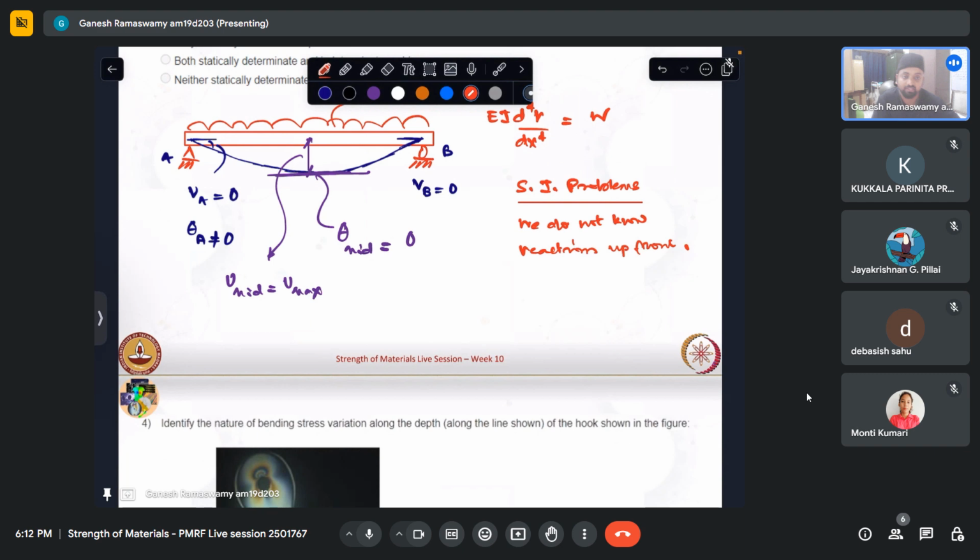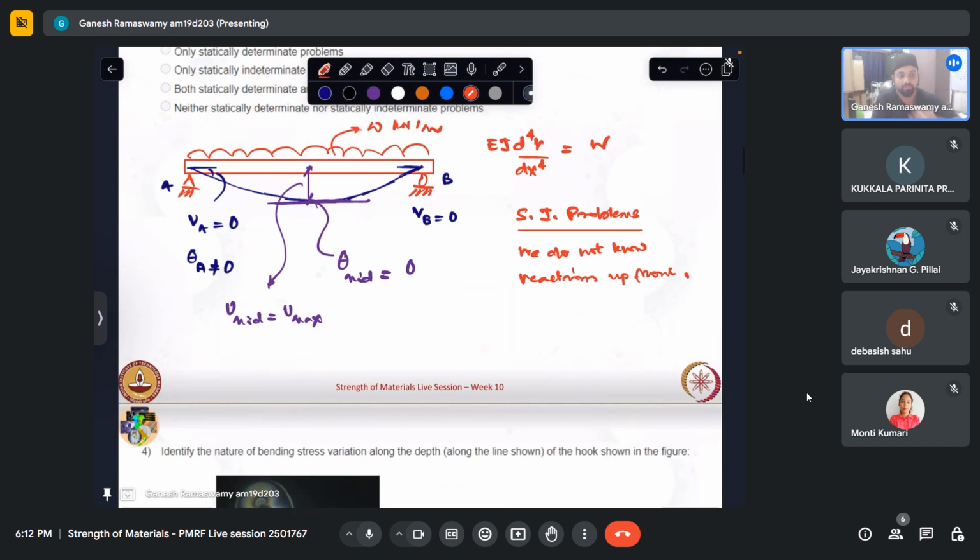So we will not be able to write the actual expression for the bending moment at any section, independent of the reactions. That is, we will only be able to fill in the symbols for the reactions, but we will not be able to determine the reactions completely.